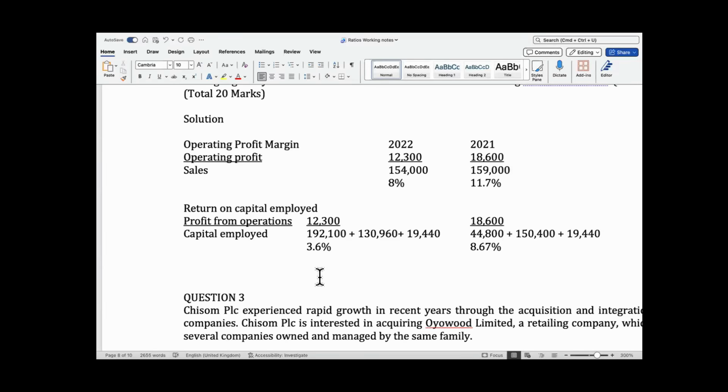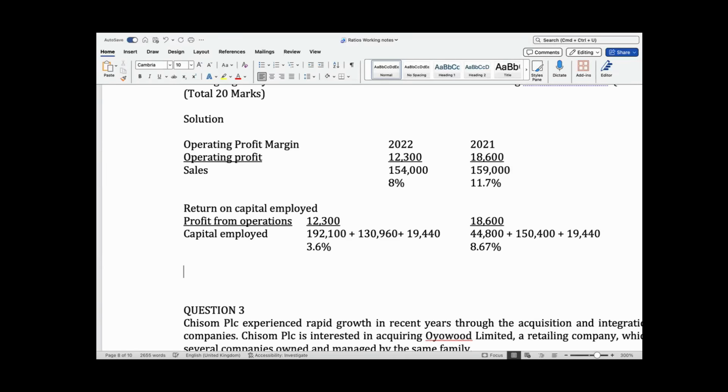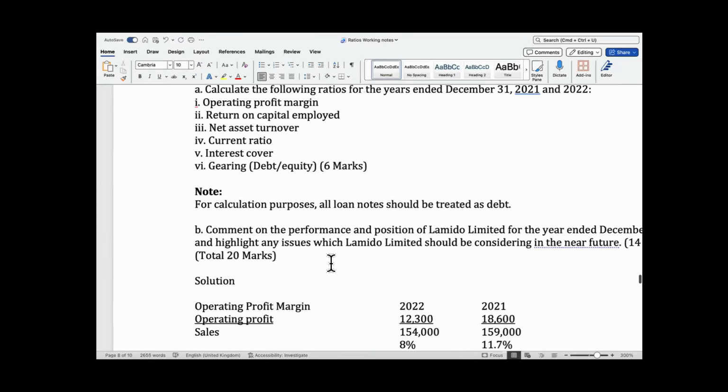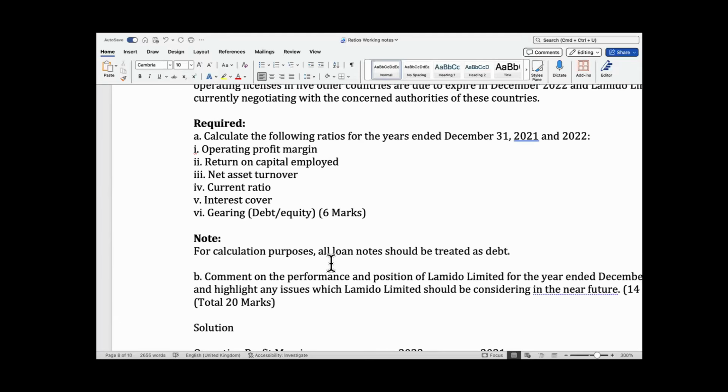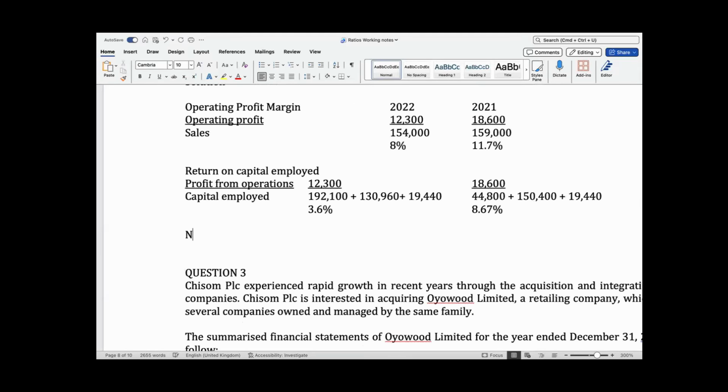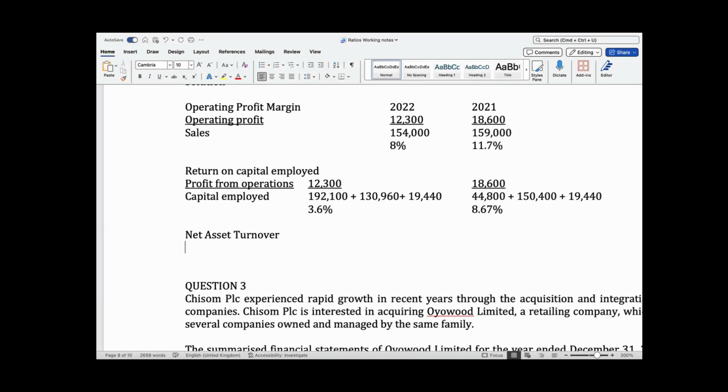Okay. Then the next one is net asset turnover. I'm not sure I mentioned this. Can anyone guess what this formula can be? Net asset turnover.